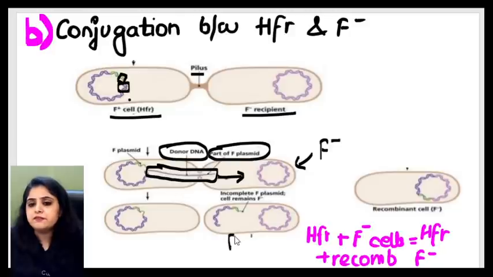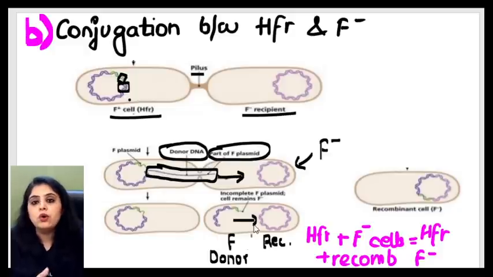A little bit of F plasmid has come, a little bit of donor DNA has come, and the recipient already has its own DNA. So can I say somewhere a fusion can occur? They all can recombine, but even though they recombine, will it ever be F plus? No, because at the end of the day, the fertility factor that came was a little bit incomplete. So although it will be changing into a recombinant, it will remain F negative.